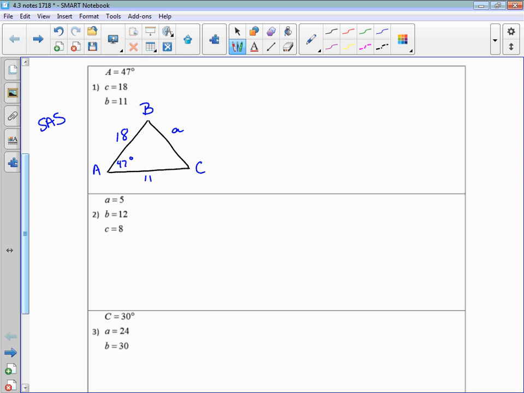All right, I know angle A, right? So I should use the formula that has angle A in it. So I'm going to do A squared. I'm going to write the whole formula just for practice for you guys.